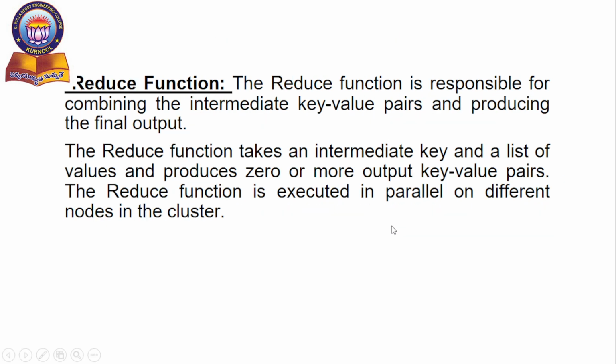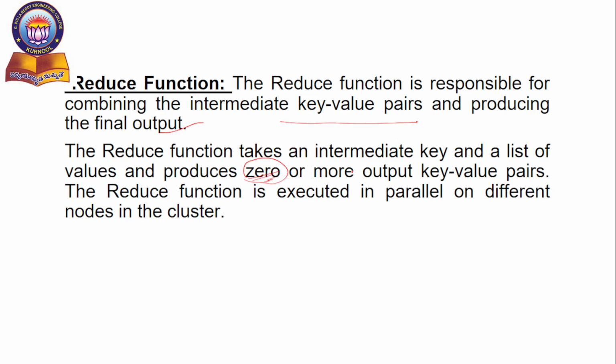And another important one is the reduce function. The reduce function is responsible for combining the intermediate key, value pairs and producing the final output. The reduce function takes an intermediate key and a list of values and produces 0 or more output key value pairs. If there is no exact key matching or exact data, then it may also generate 0 outputs.